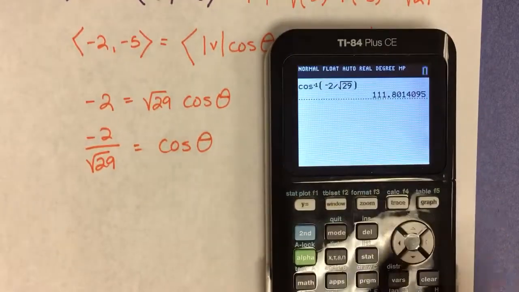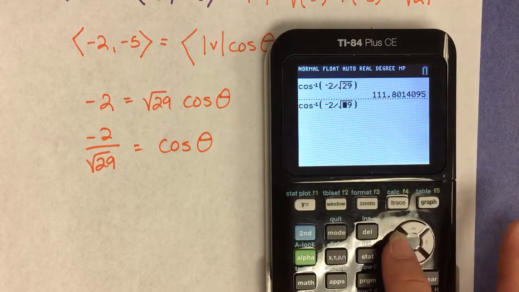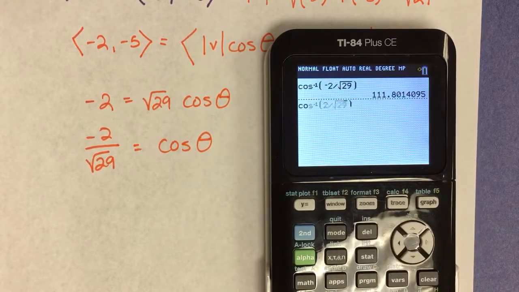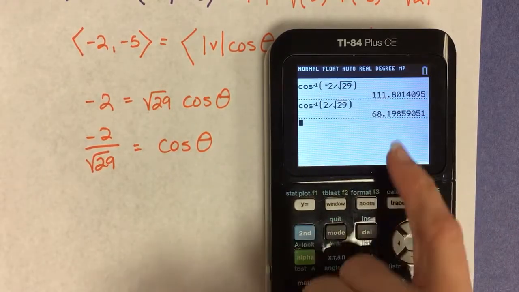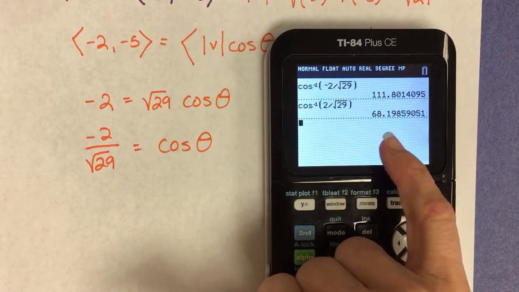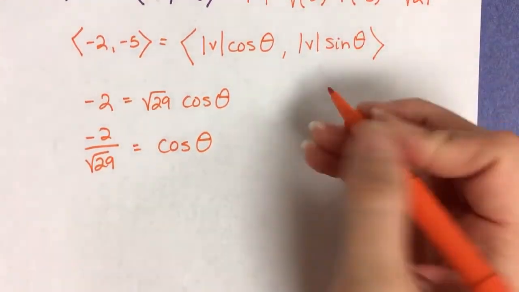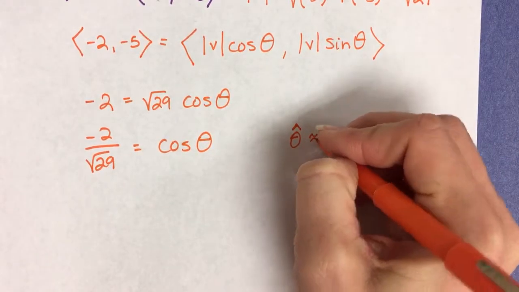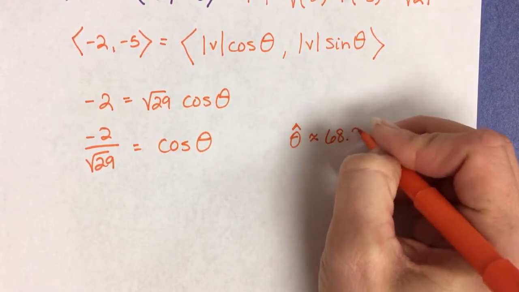So here's what you're going to have to do. You're going to need to enter this in just as a positive. So let me just come over here and delete my negative. So it's going to now give me something in the first quadrant, but then I can use this as my reference angle, okay? So my reference angle is going to be about 68.2.